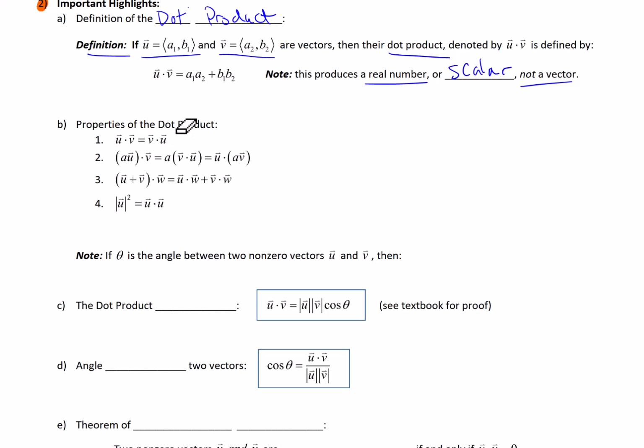Secondly, you may recognize some of these, again, back from algebra. The second one is more like the associative property. If you have, grouped with parentheses, scalar a times vector u, that's just scalar multiplication, but then you dot product that grouped scalar multiplication with vector v. Then it turns out that's equal to a couple other options.